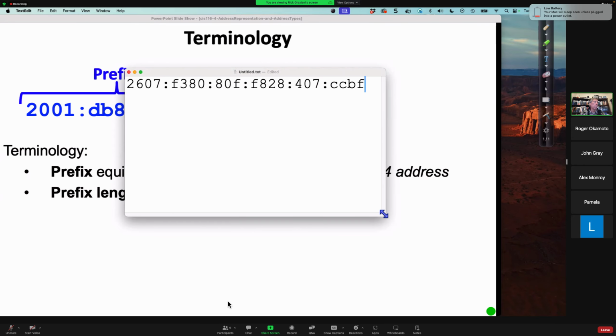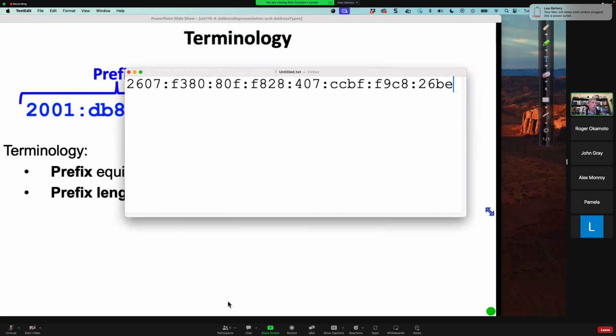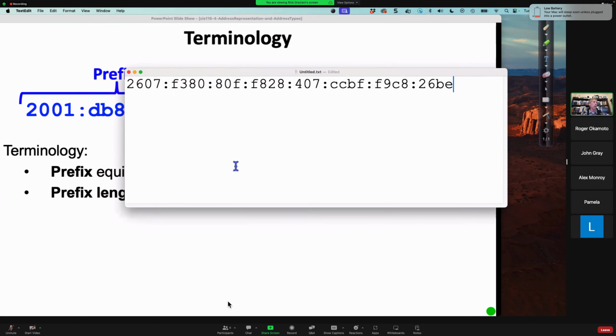This is the address on my computer. This is so easy. Did I not copy everything? I did not. Oh, I didn't copy everything. There we go. That's better. All right, this is the address on my computer.